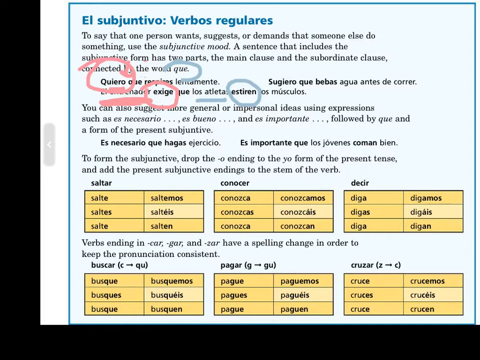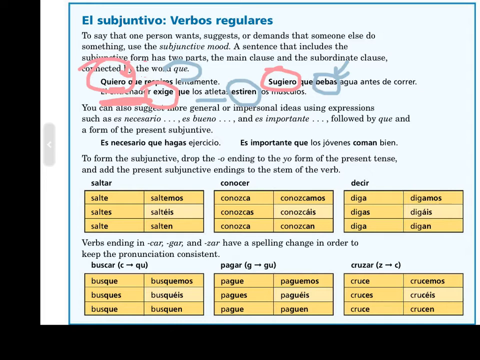Okay? Looking at this last sentence, sugiero. Sugiero is kind of like quiero. It's in yo form, so we know our subject 1 is yo. And then sugiero is suggest. So I suggest that bebas, that's our second verb, and the subject is inside of it because bebas is in tú form. So I suggest that you drink water before running.